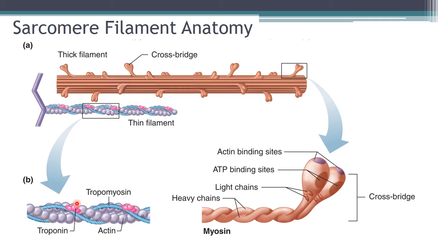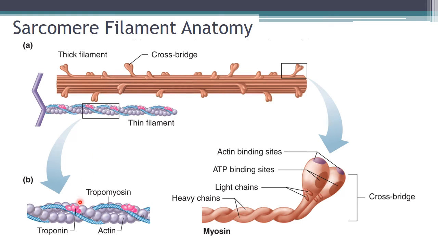Now, when troponin is empty, like it is in the image here, tropomyosin is actually going to sit right on top of the myosin binding sites, and it's going to block them and prevent myosin from binding or interacting with actin, like it would right here if tropomyosin were not in the way.